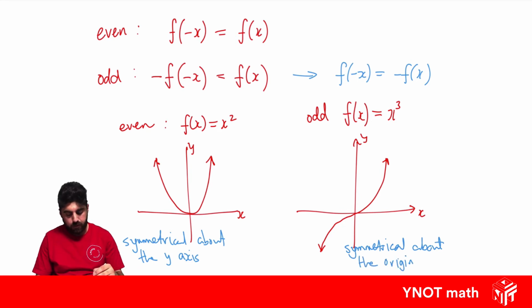So being symmetrical about the origin is kind of tricky because we have to think about the graph rotating using the origin as a turning point. So imagine these two quadrants rotated using the origin as a pivot point and everything on this side being shifted this way. You can see it's been rotated into this position here.